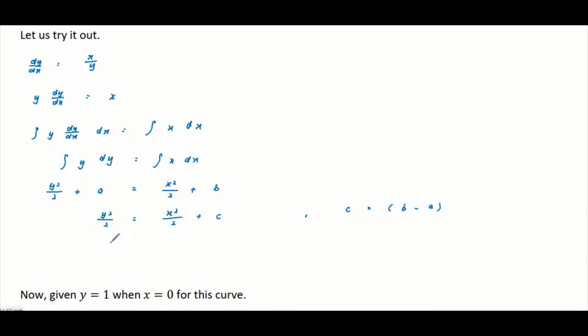So we need to express it in terms of y, right? So it will become y squared equal to x squared plus, and you will realize that you need to multiply your c, right? So it's the same thing. If you want to change, then it can be d. So what's your d? Your d actually becomes 2, then your d actually stands for 2c, which means it's actually 2 times b minus a.